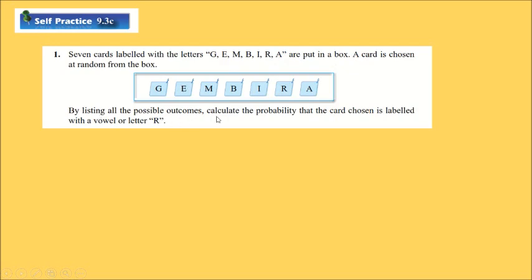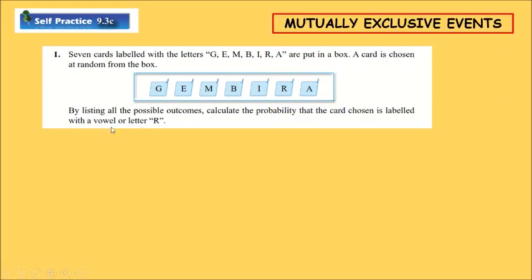By listing all the possible outcomes, calculate the probability that the card chosen is labeled with a vowel or letter R. So we represent A as the event a vowel, B as the event letter R. Both events, the combined event a vowel or letter R, are mutually exclusive events.